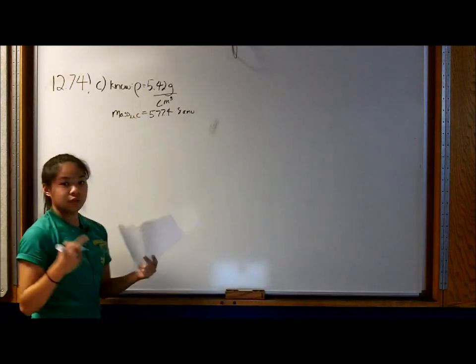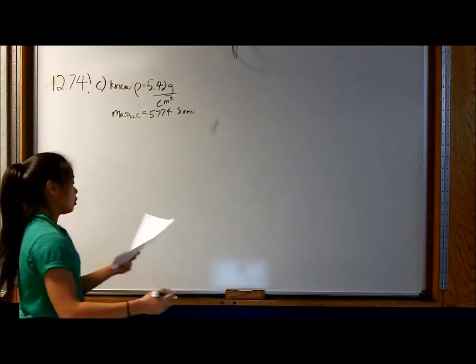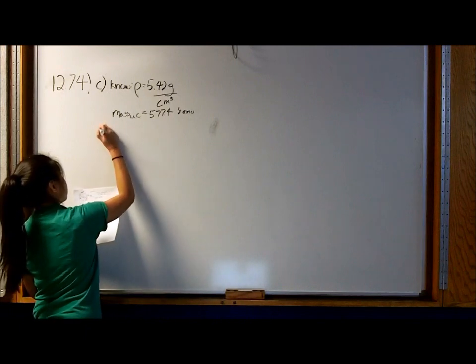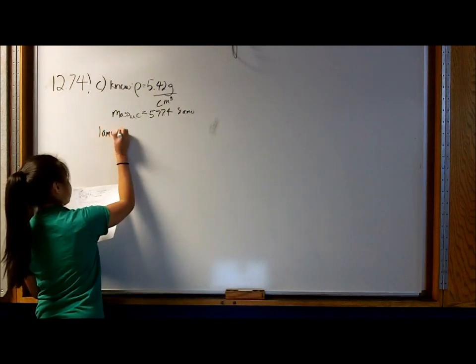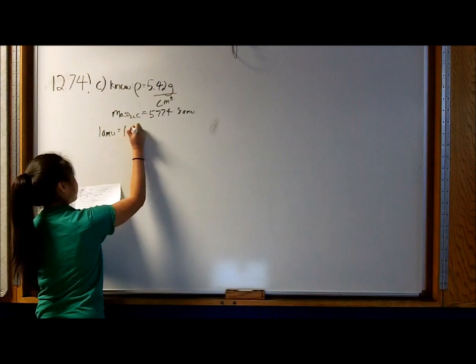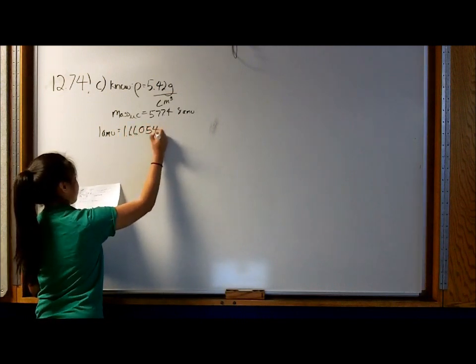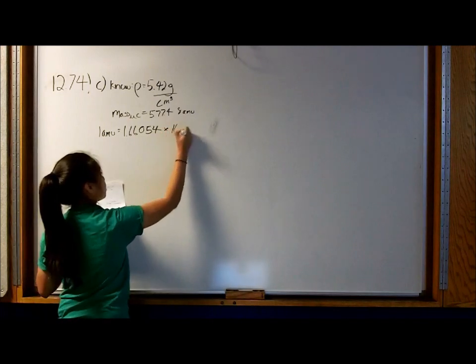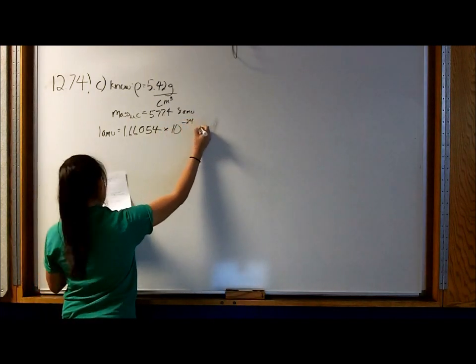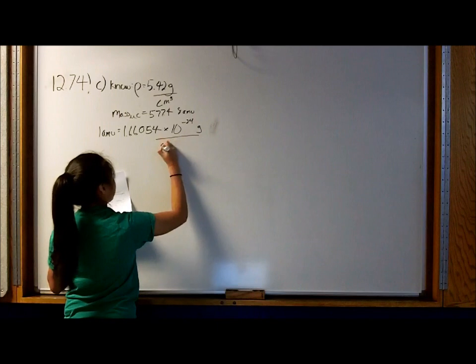We know the conversion from AMU to gram. The conversion is 1 AMU equals 1.66054 multiplied by 10 to the negative 24th grams per AMU.